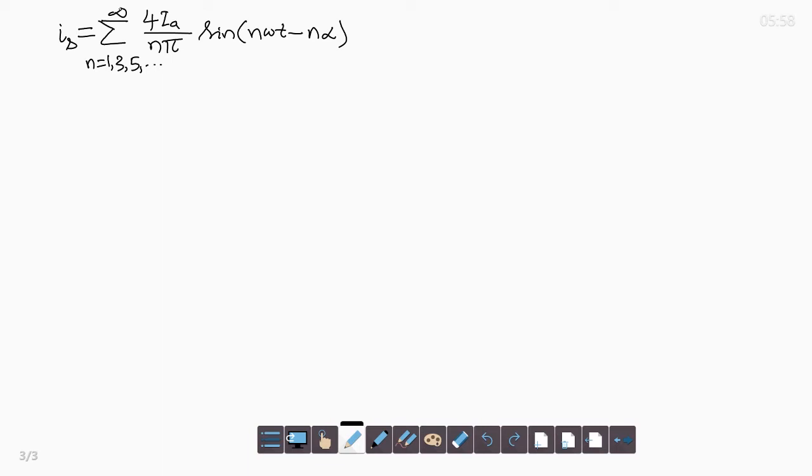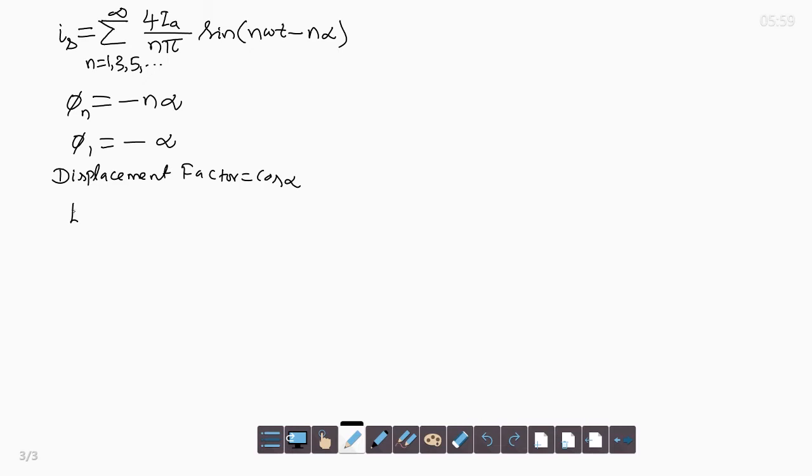Even harmonics are absent. So the phase angle phi n, by which the nth harmonic current lags behind the supply voltage, is minus n alpha. Putting n equal to 1, phi 1 is minus alpha, and so the displacement factor is cos alpha.